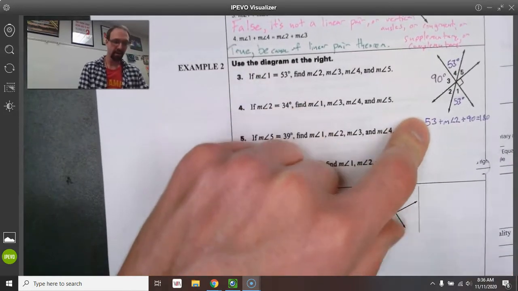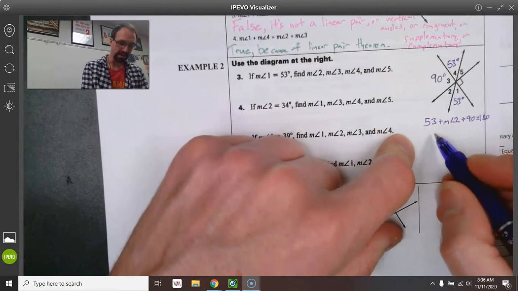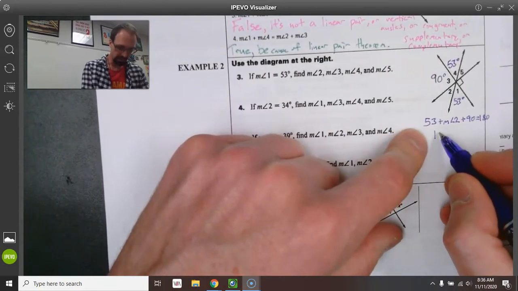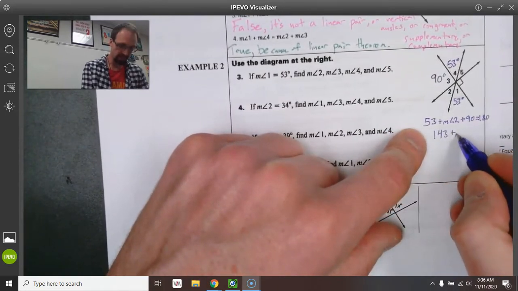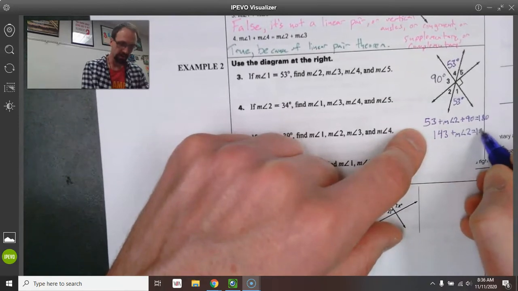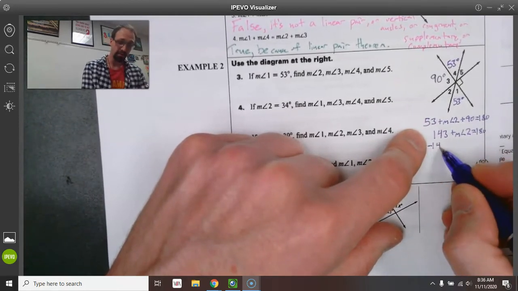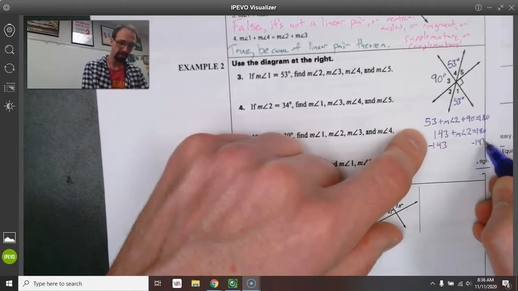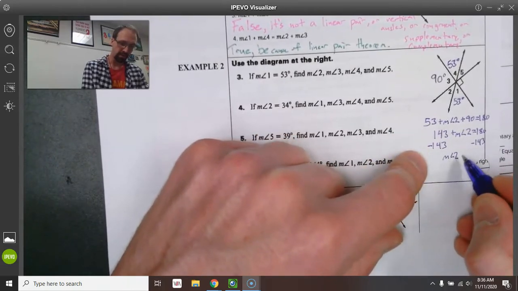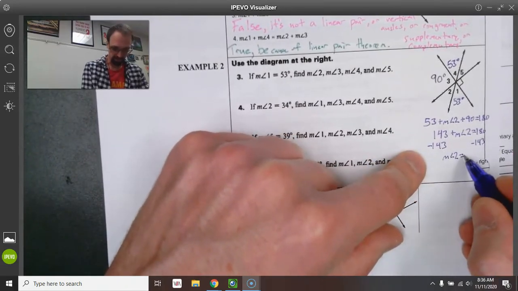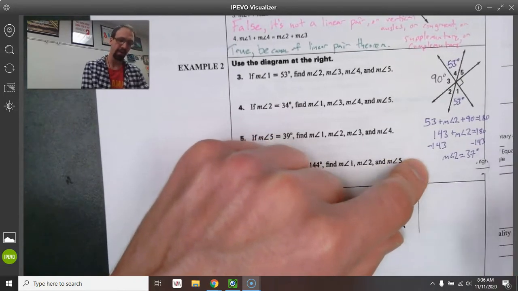So now if I combine like terms, 53 and 90 is going to be 143 plus the measure of angle 2 equals 180. Now I can subtract 143 from both sides. And I get the measure of angle 2 is equal to 37. And I know that that's degrees.